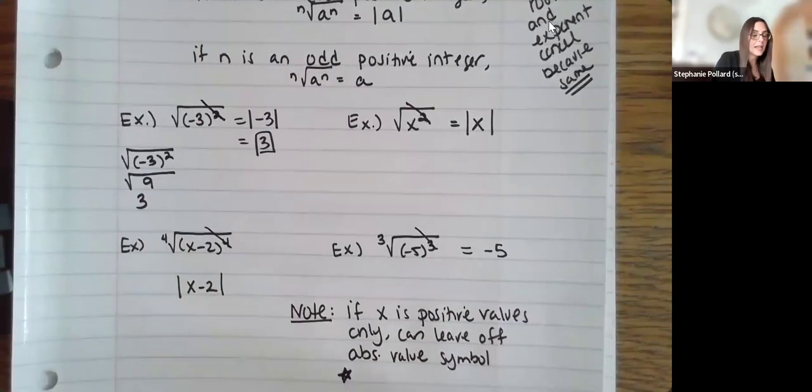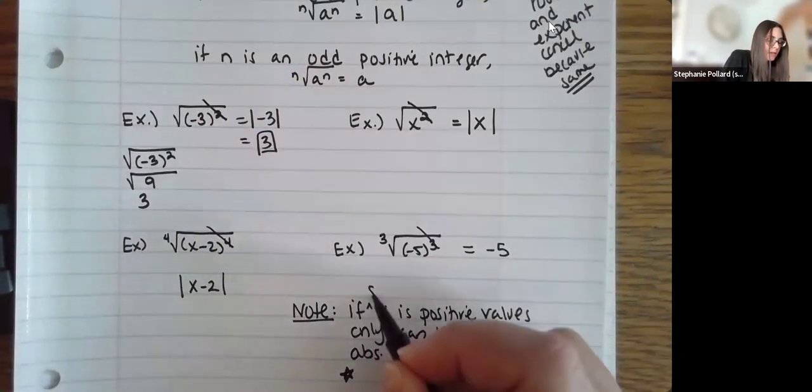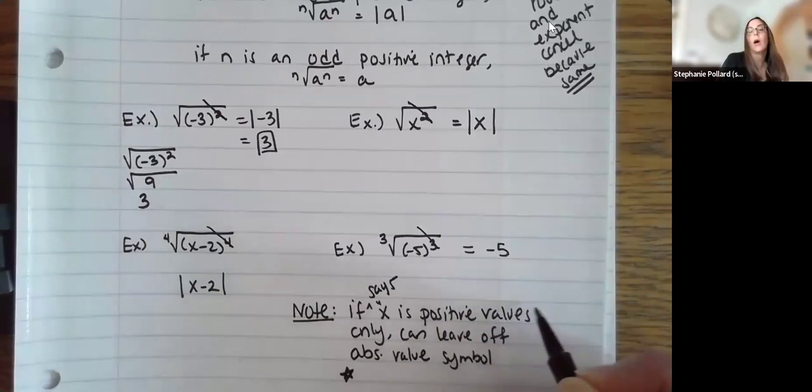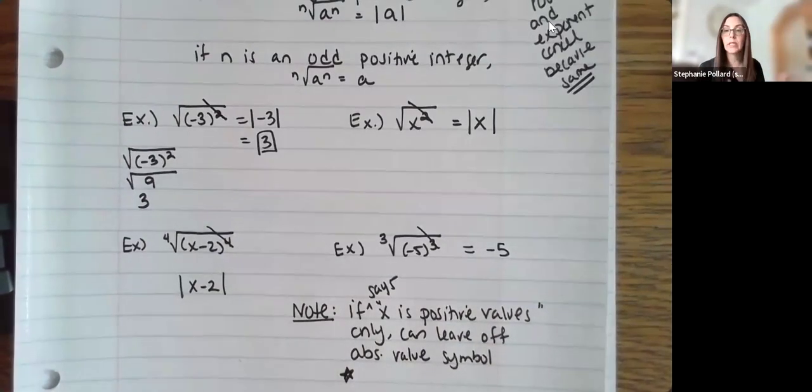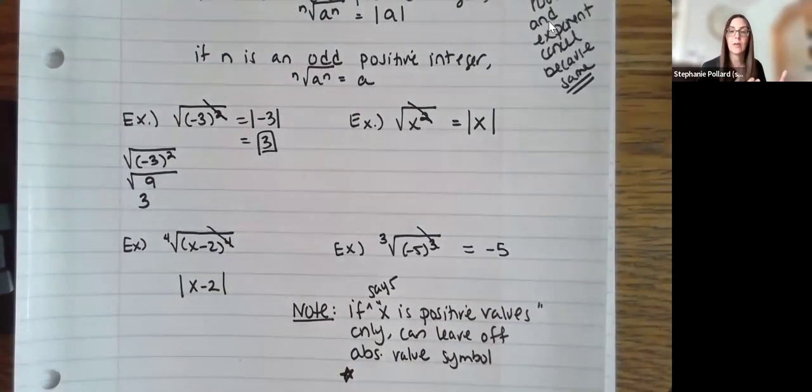So if it does say something like, x is positive or x is positive values only or something like that, then you can leave off the absolute value symbol.